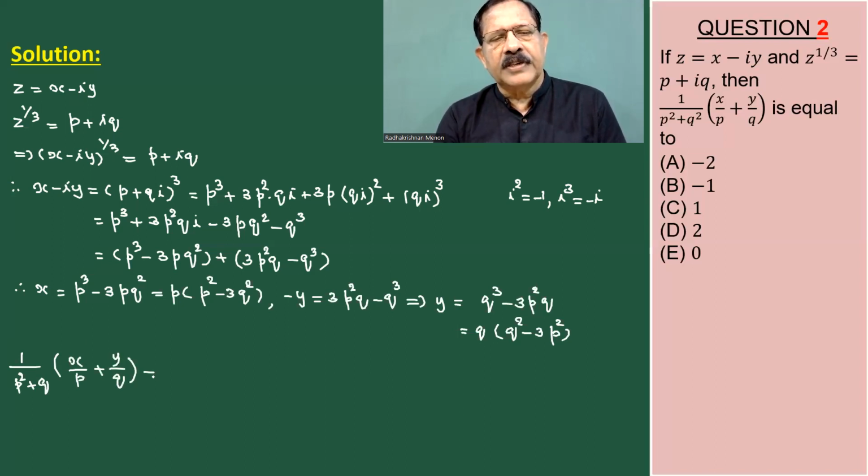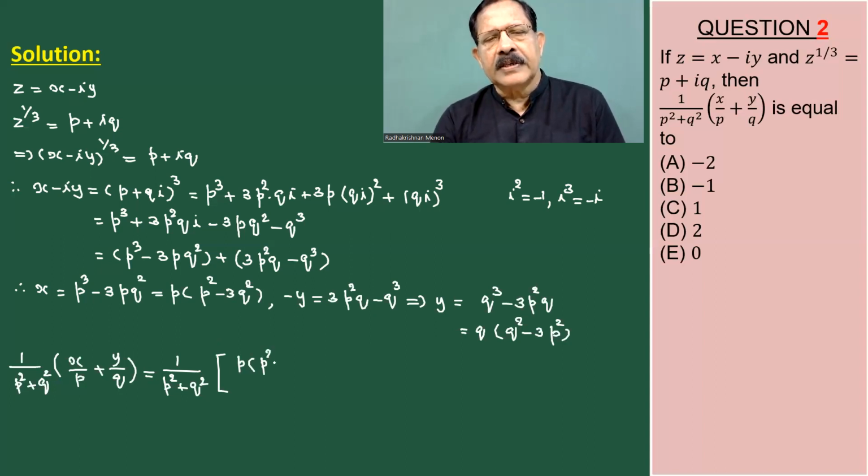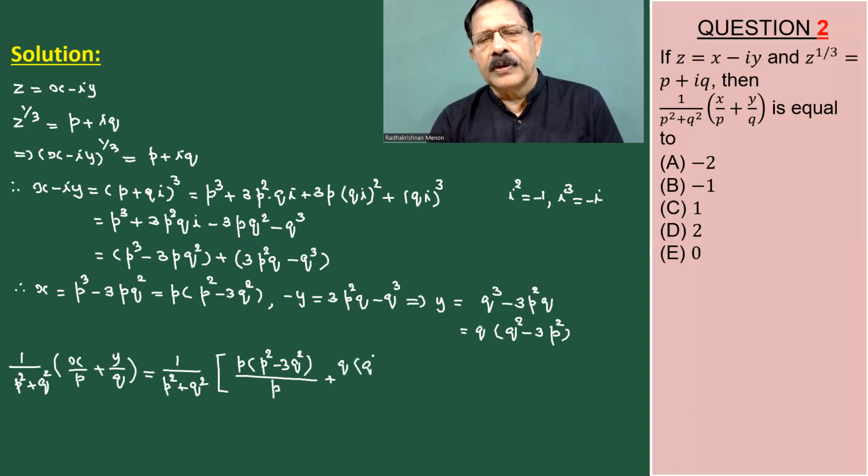So now it is very easy. 1 by (p squared plus q squared) into, I am replacing x by p into (p squared minus 3q squared), the whole divided by p, plus y is q into (q squared minus 3p squared), the whole divided by q.